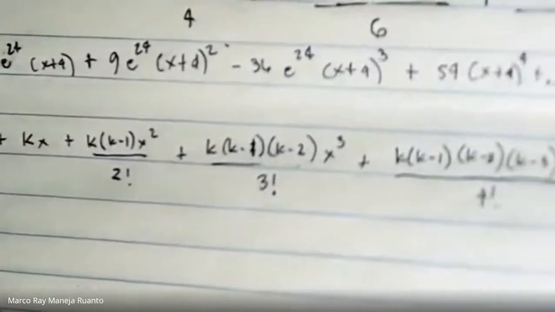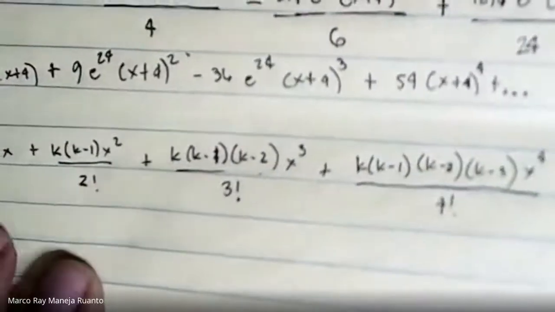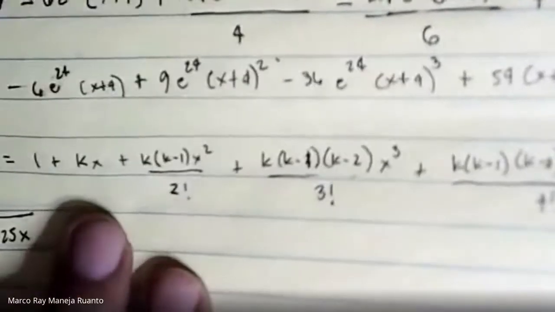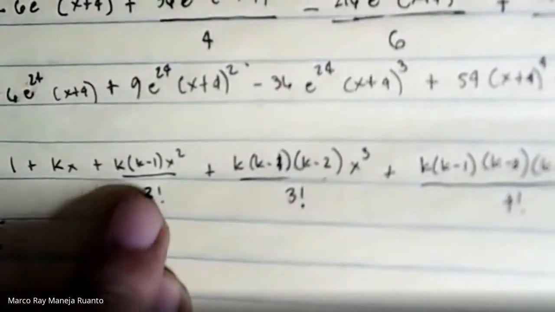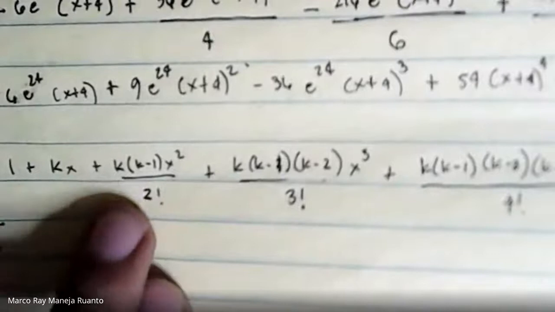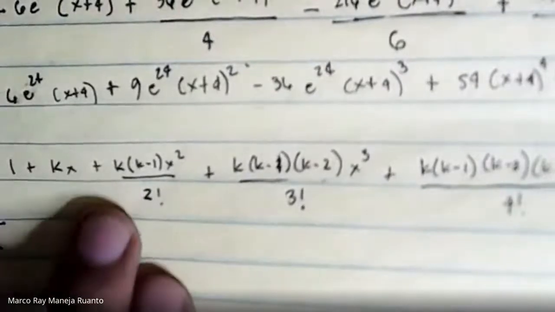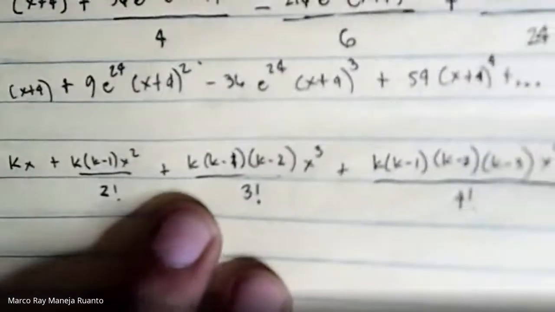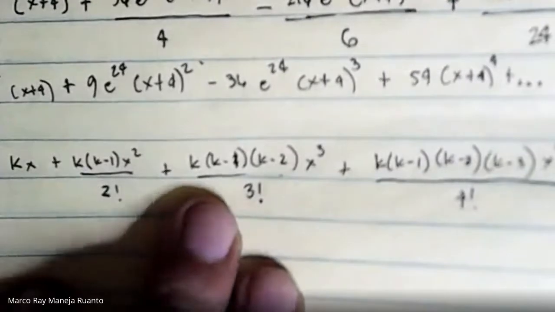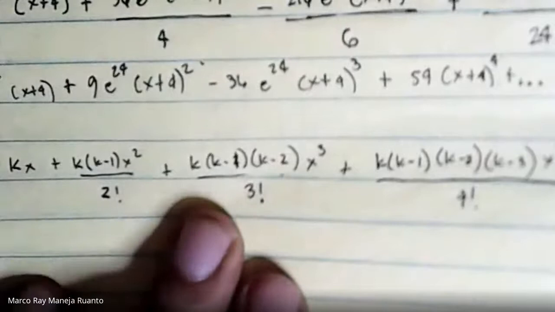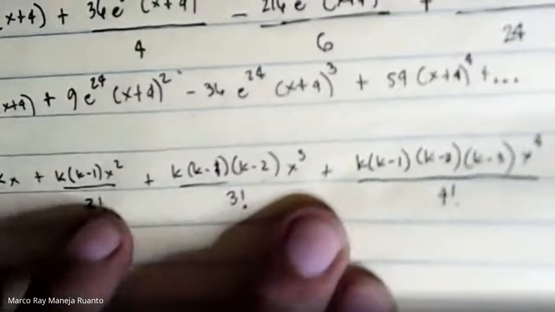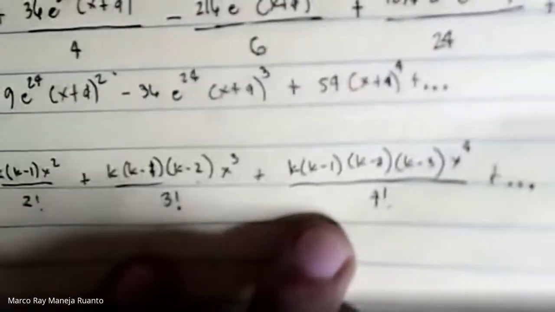You can expand this into this formula. It's a bit long, no? So from 1 plus kx plus k times k minus 1 x squared over 2 factorial plus k times k minus 1 times k minus 2 times x cubed over 3 factorial plus and so on.